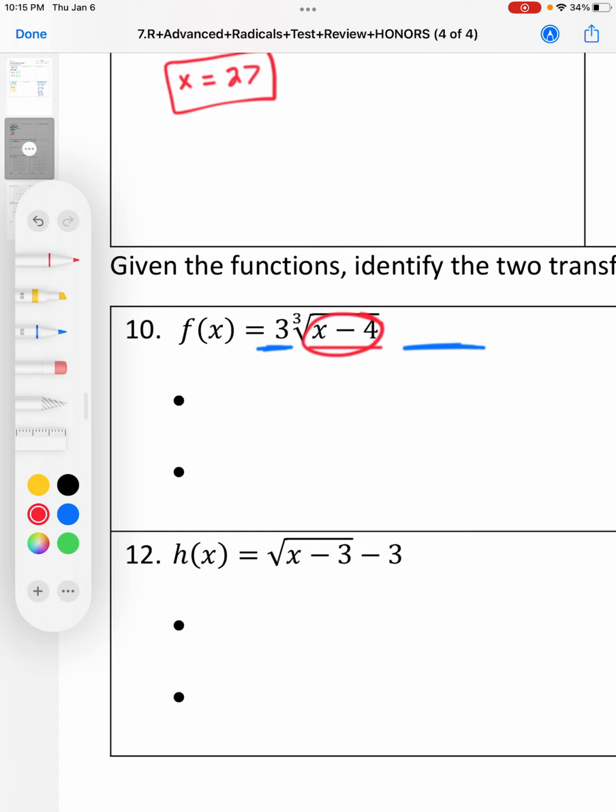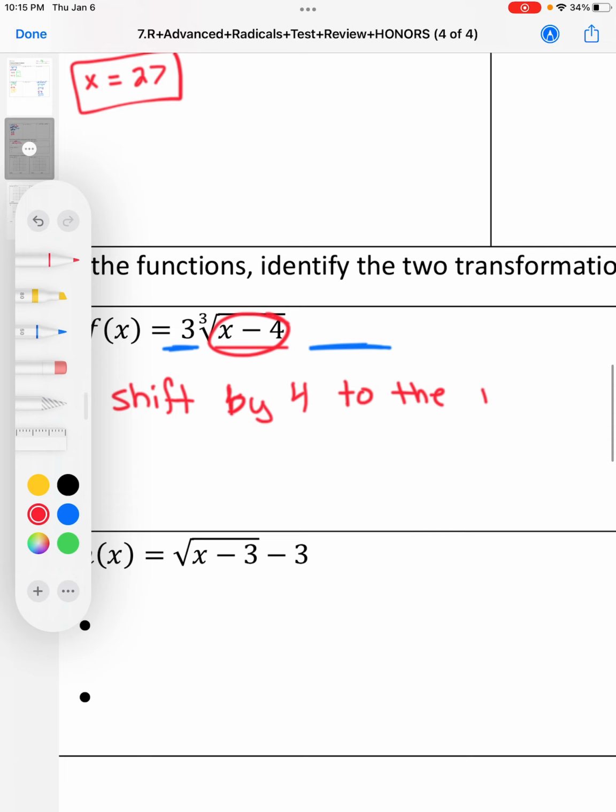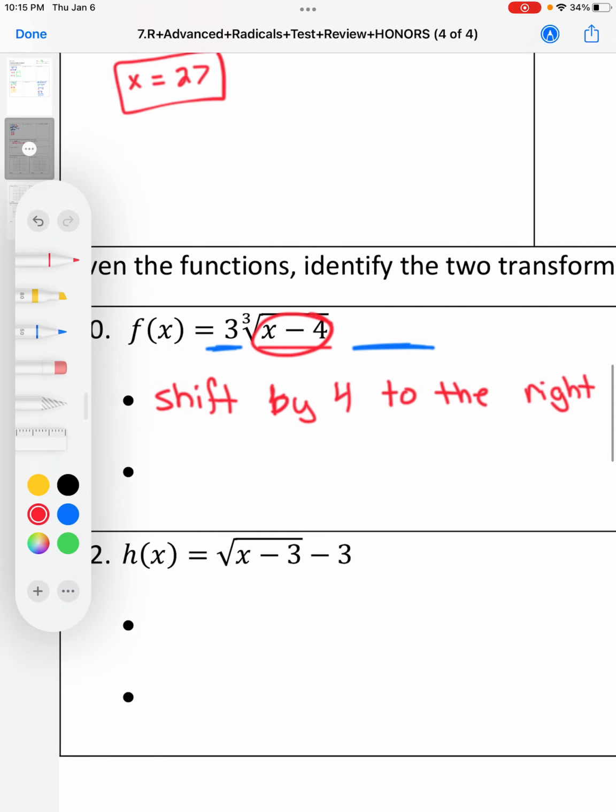It looks like we're shifting to the left, but really we're shifting by 4, not left by 4, but shift by 4 to the right. Okay, we have to think opposites.